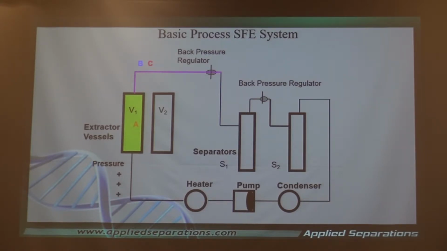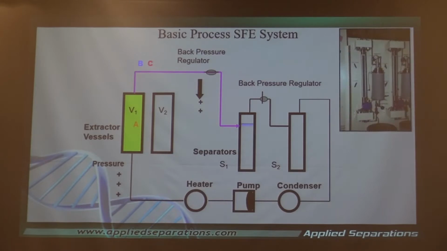B and C are soluble. And then we come to a pressure regulator. We reduce the pressure at this point to something less. At this particular condition, we've reduced the solvating power. By reducing the solvating power under this particular condition, B is no longer soluble. It comes out of solution.